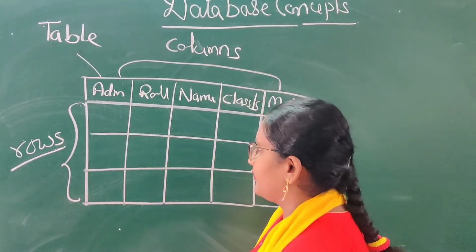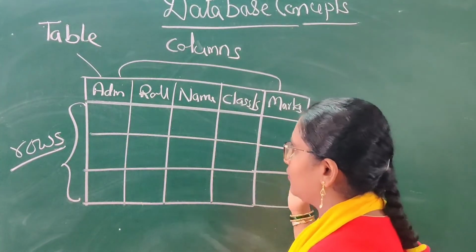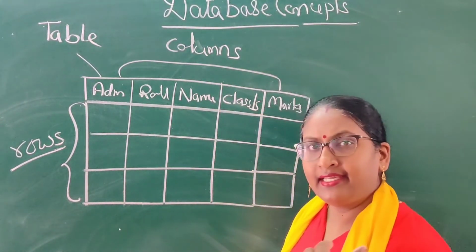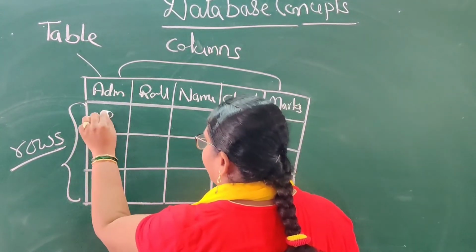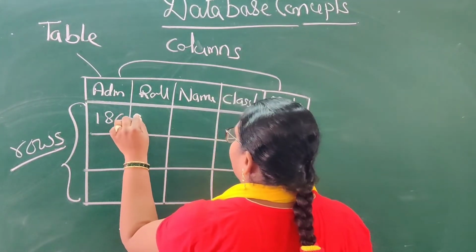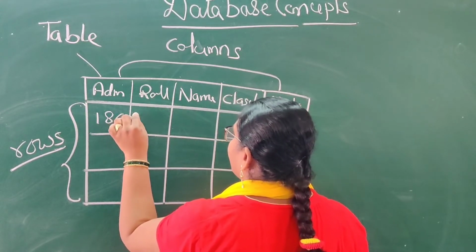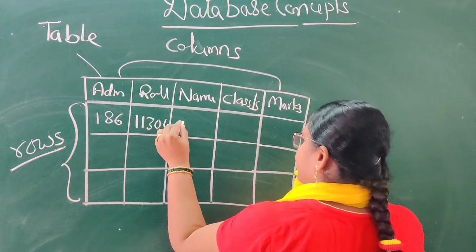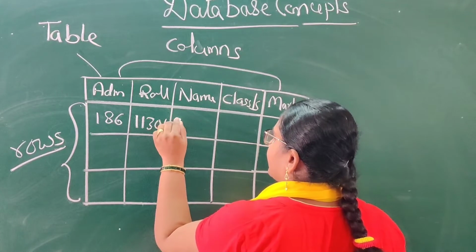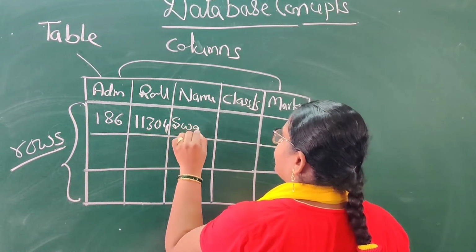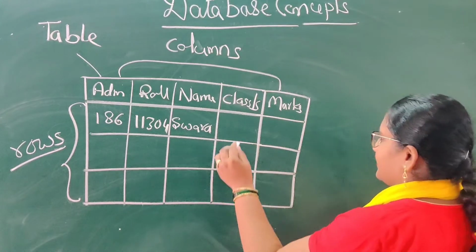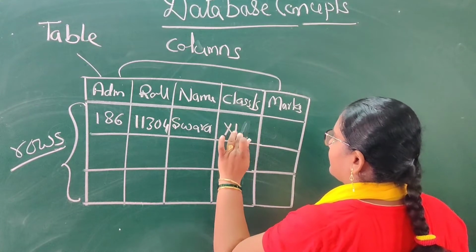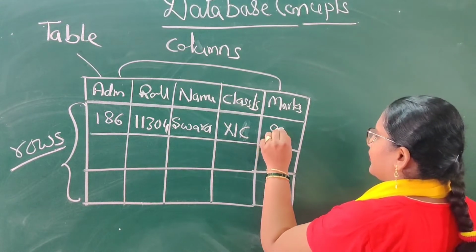Horizontal is your rows, vertical is your columns. The information which you write in this, suppose admission number 186, roll number 11304, name Swara, class 11C, marks 94.